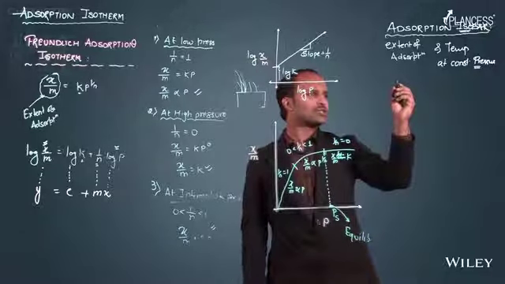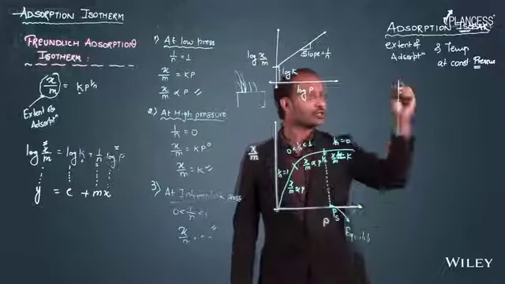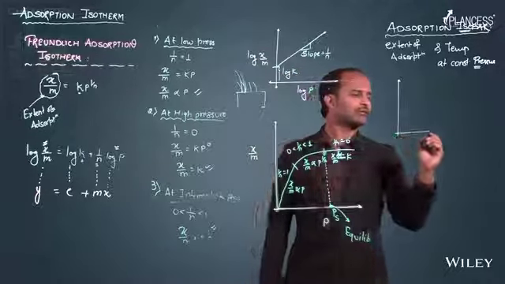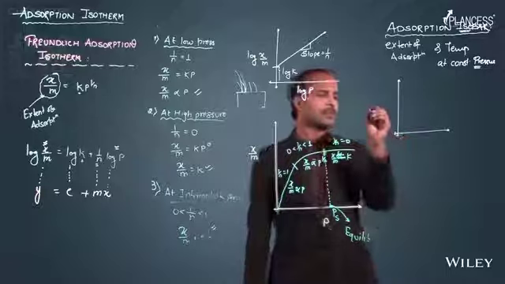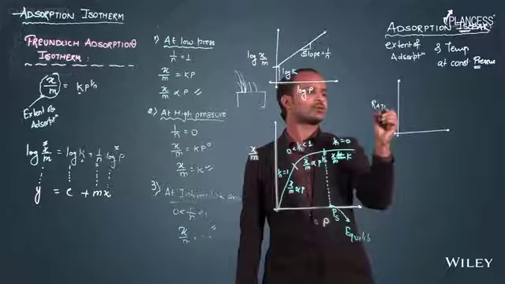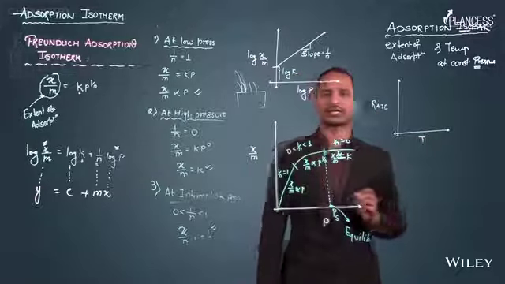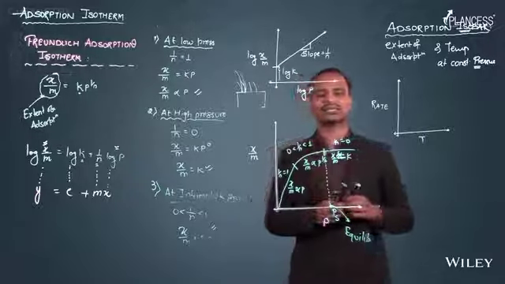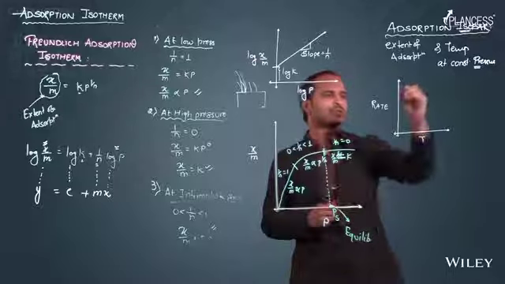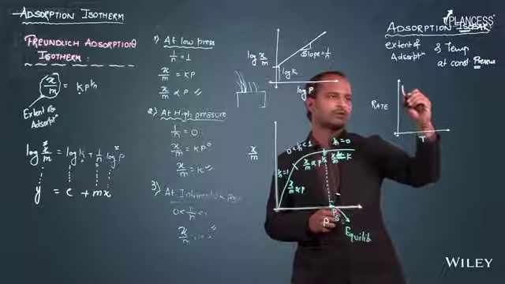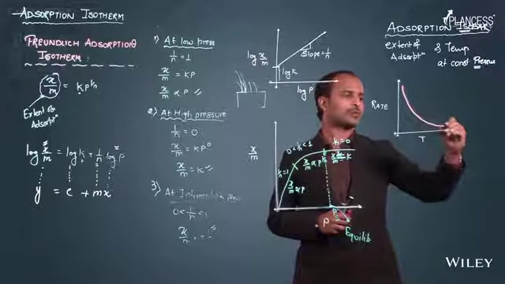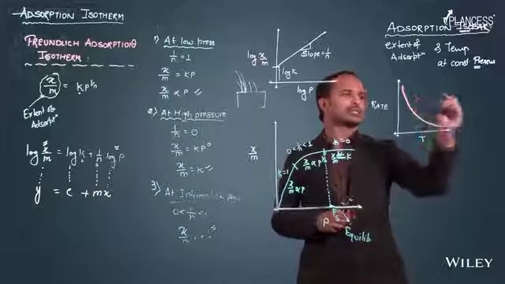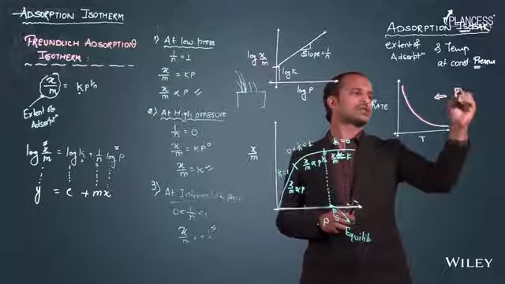If it is physical adsorption, then the rate of adsorption decreases with the increase in temperature, because the process is exothermic and hence favorable at low temperature. Being an exothermic process, the rate of adsorption goes on decreasing as the temperature increases. This is for physical adsorption.